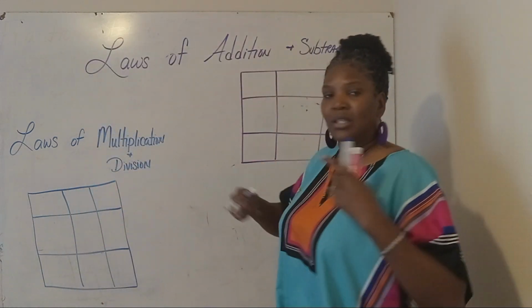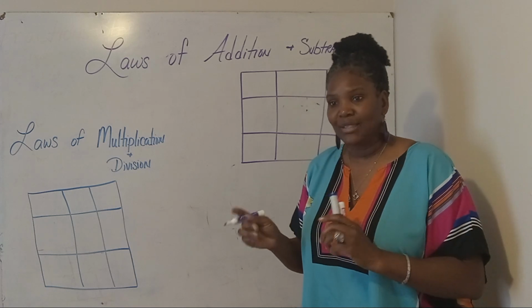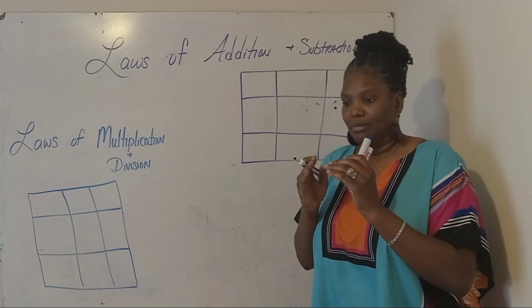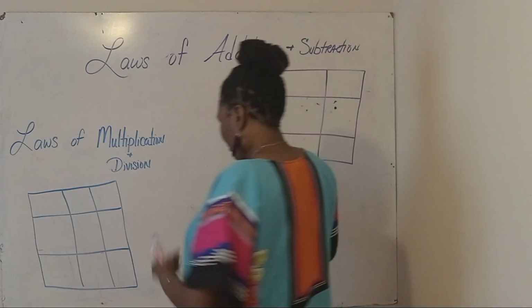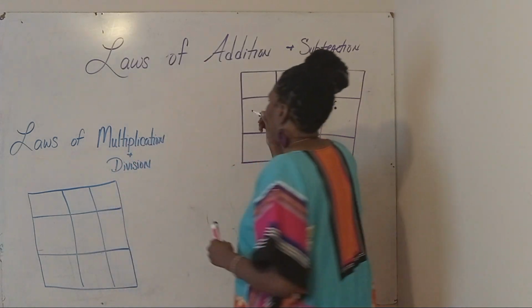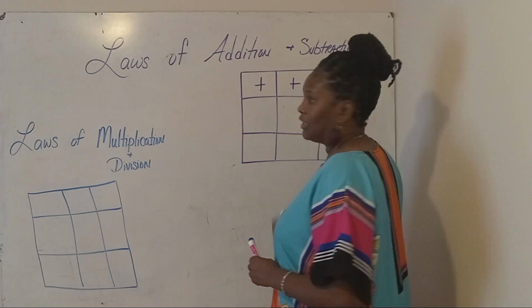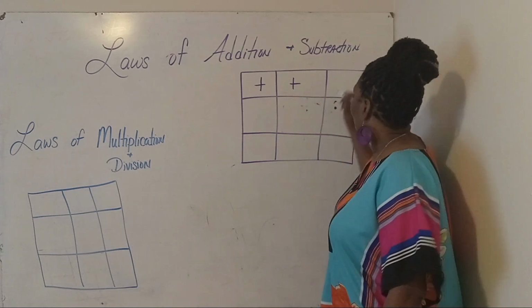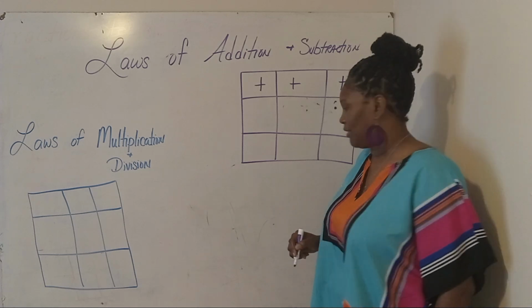And so these are the laws that determine what we do with the signs when they're touching or when they're different. Okay, so with addition, if you have two of the same signs, an addition sign and an addition sign, you add them together and the answer is going to be positive.